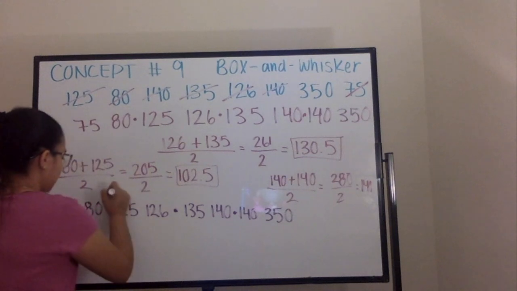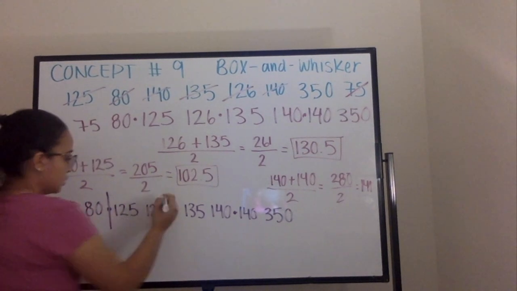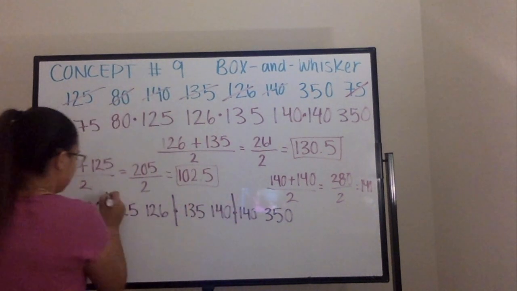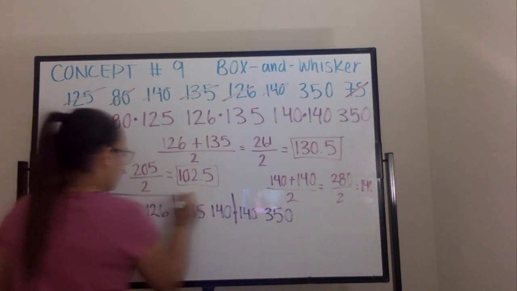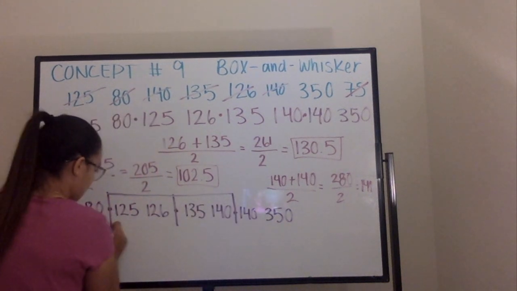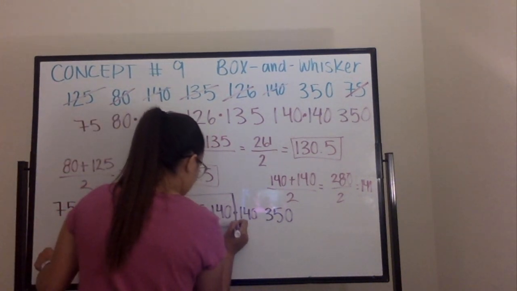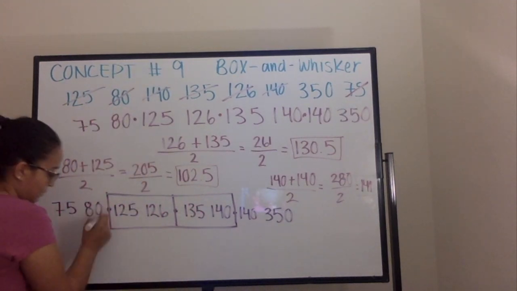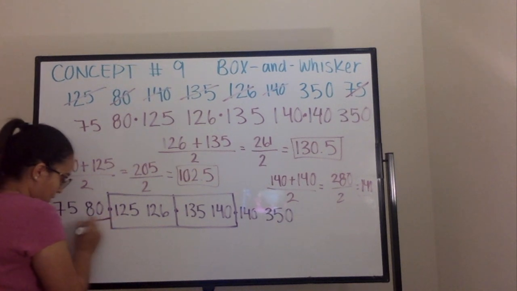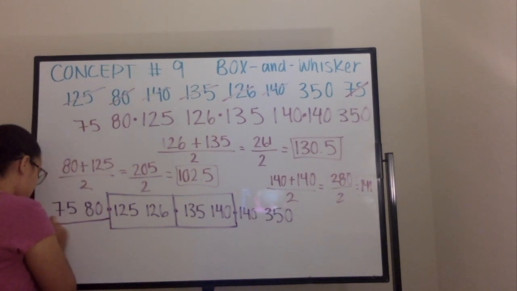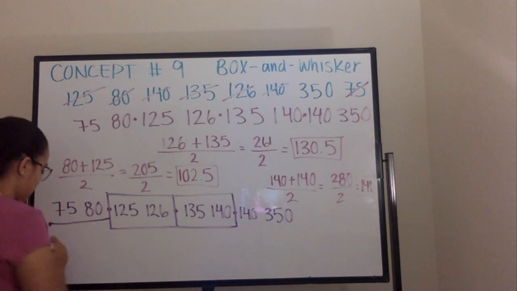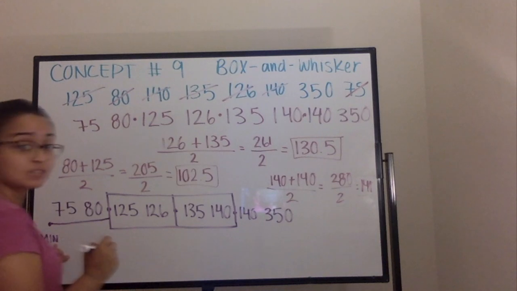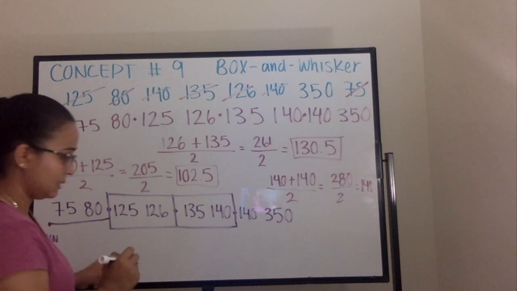Okay, you see where my dots are right here? I'm going to draw these lines like this. Now I'm going to make it a box. This is my minimum side, so I'm just going to put min, which stands for minimum.